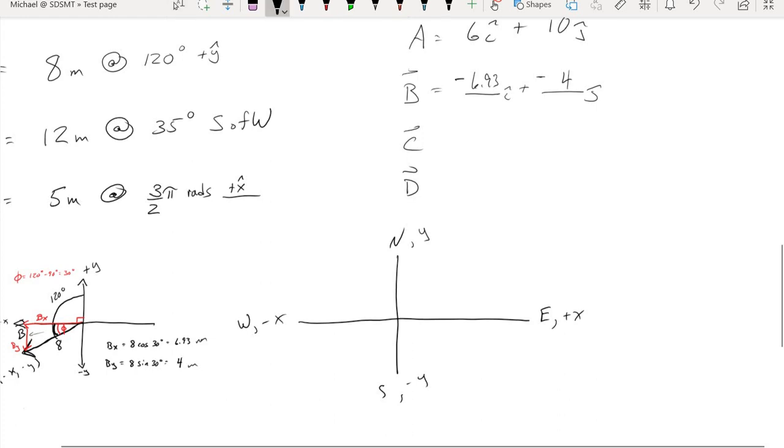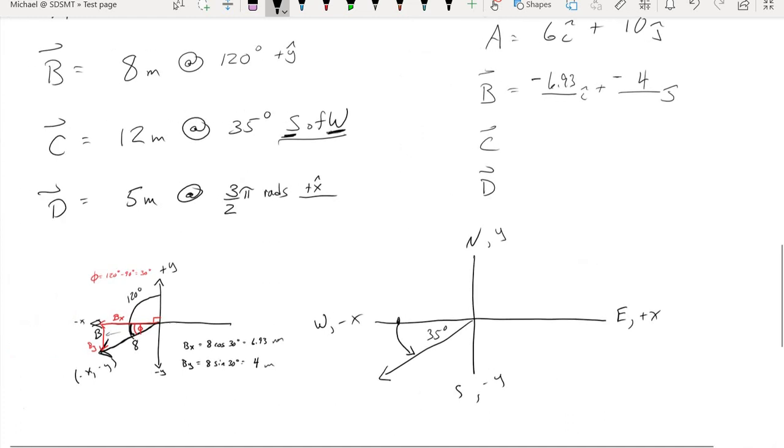And the way that we're going to read these compass directions, we actually have to read them backwards, because we are measuring south of the west axis. We are measuring south of west. So that means we have to start from the west axis and measure to the south, and we have to measure that 35 degrees.